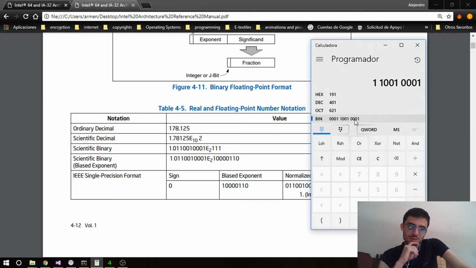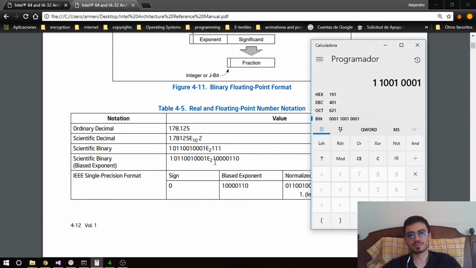My question is whether exponents move basically the same in binary as in decimal, but I think so. And this is the biased exponent. The biased exponent is a different exponent.